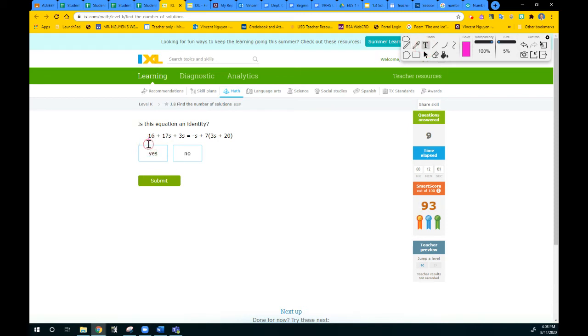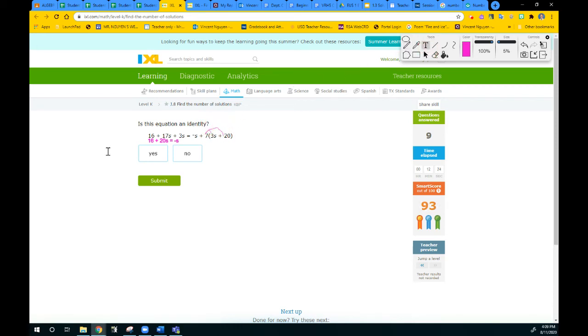Okay, so this one, I can combine like terms. So I get 16 alone plus 17s plus 3s is 20s equal this next, the right hand side, I have negative s, and then I have to multiply this 7 in here, right? Distribute.